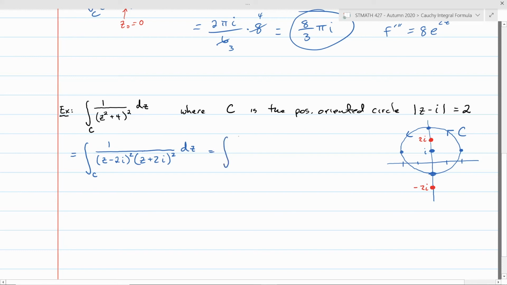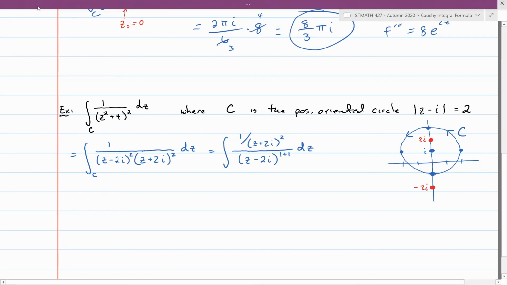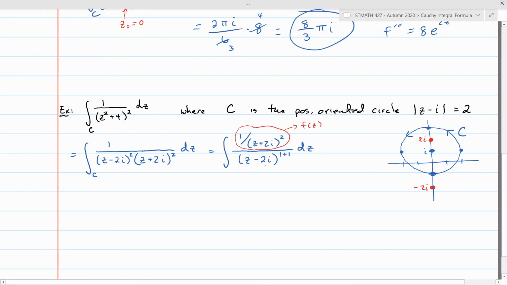It's going to be 1 over z plus 2i squared over, and then in the denominator I have z minus 2i, and for emphasis I'm going to write that as to the 1 plus 1. So I can see what my function f is. Here's my f of z, and I can see here that z naught is positive 2i, and I can see what my n value is. n is equal to 1.